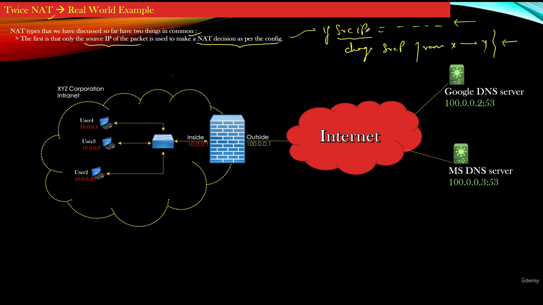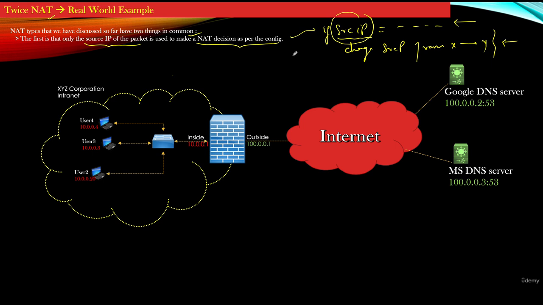And in the case of untranslation, it was quite the opposite. It was the destination IP address which helped in making the decision of how the destination IP address of the packet should change when the packet travels from outside interface to inside interface.